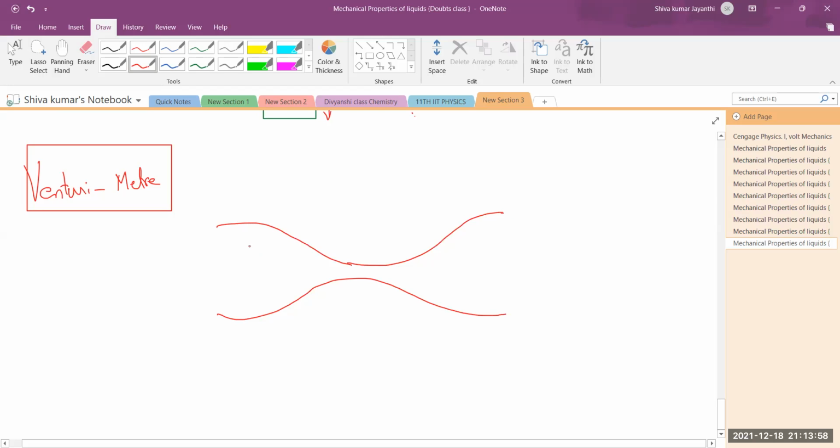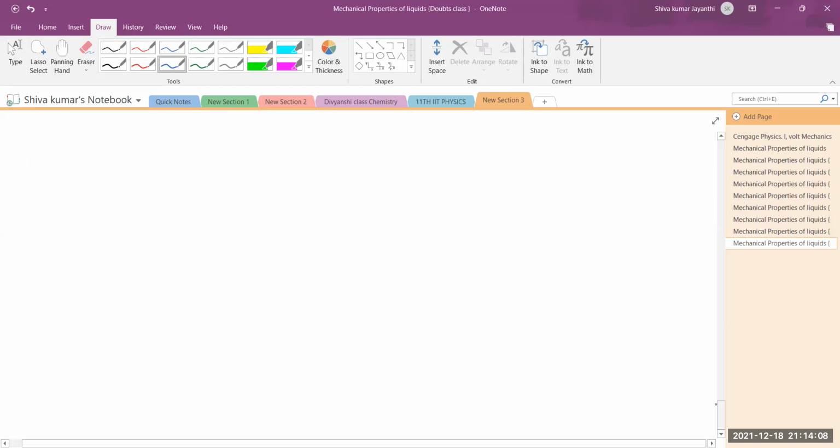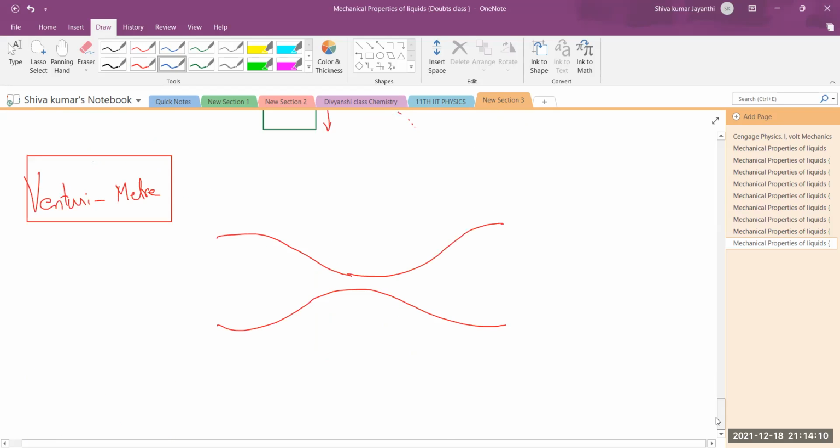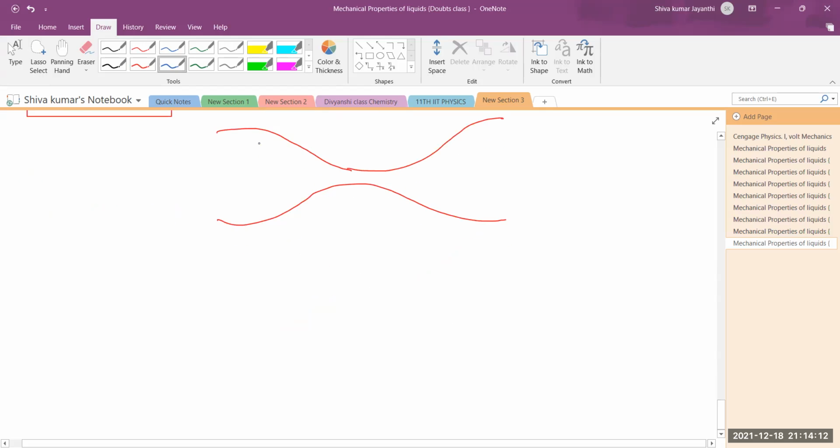Right. So this is how a venturimeter basically is. It is having a U-shape. This is for inlet of the fluid and this is for outlet. ये जो है outlet of the fluid. यहाँ पे small hole will be there.